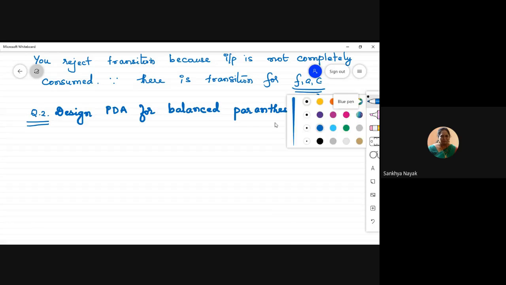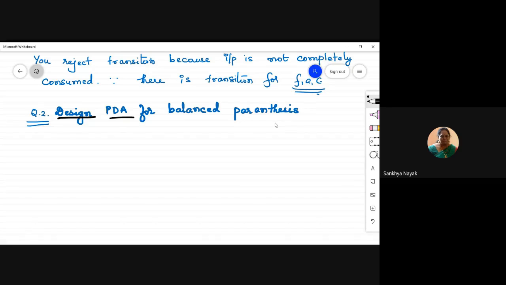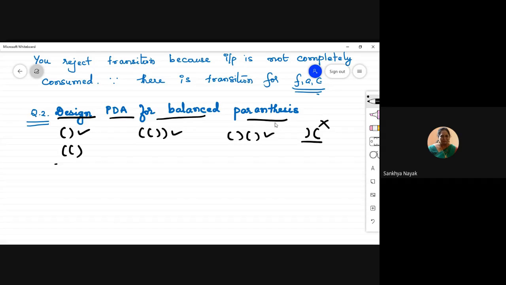So what do you mean by a balanced parenthesis? You already know it, right? For every open, there should be a close. So this is balanced, this is balanced, this is balanced, right? This is not balanced. It's a wrong construct, correct? So this is not balanced, this is not balanced, etc.